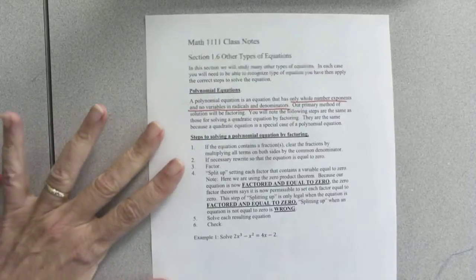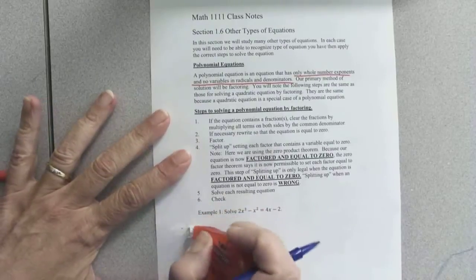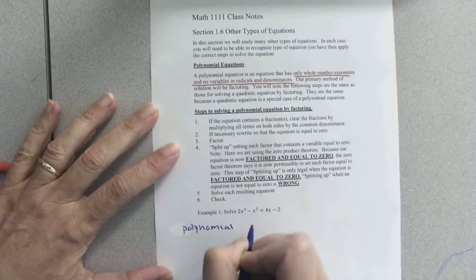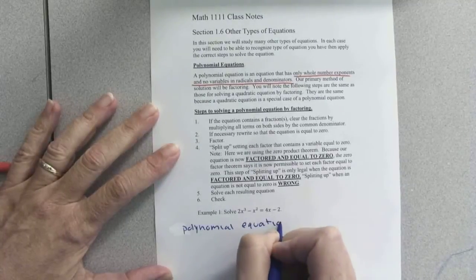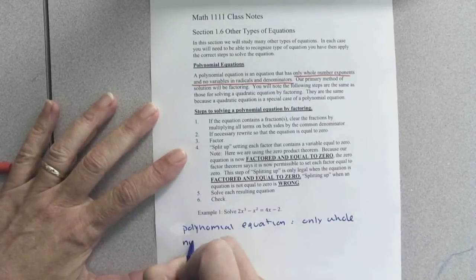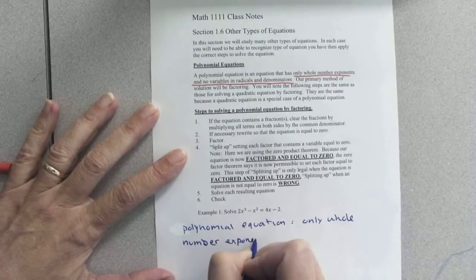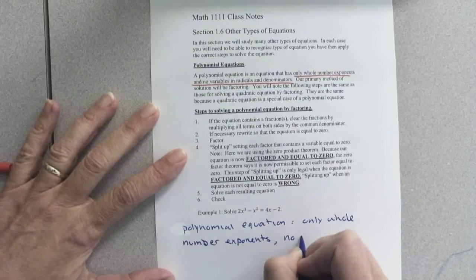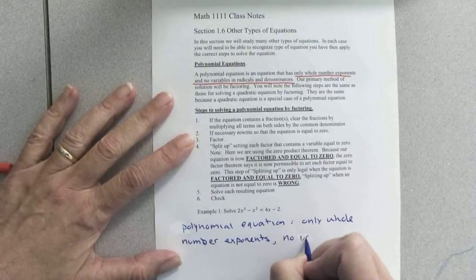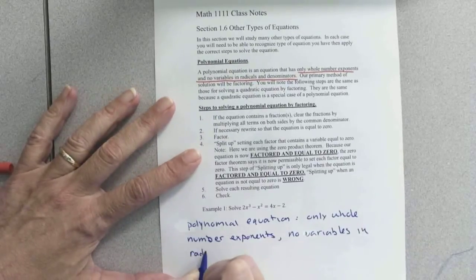First of all, we're going to recognize that it's a polynomial equation. Only whole number exponents, no variables in radicals or denominators.